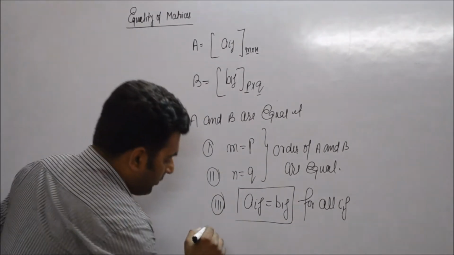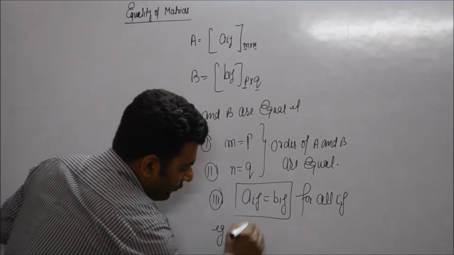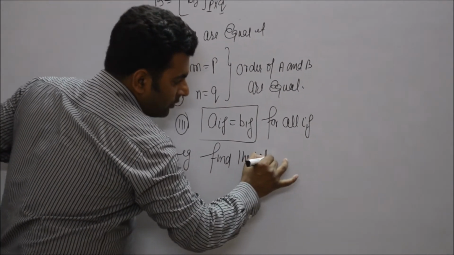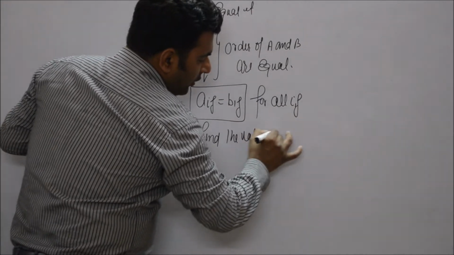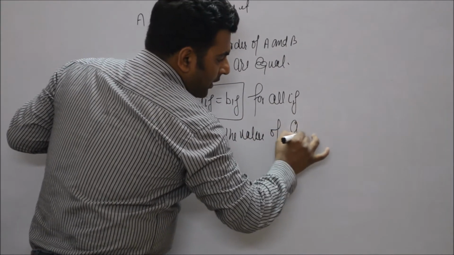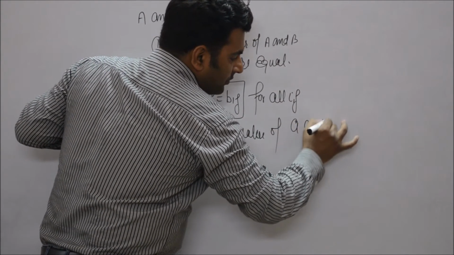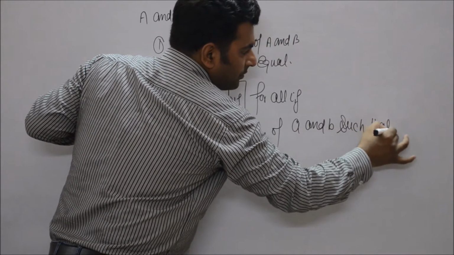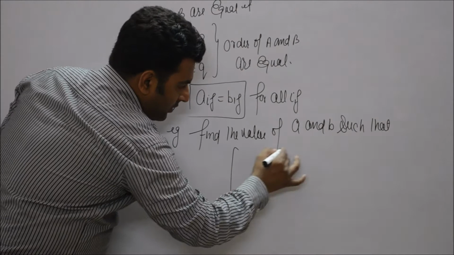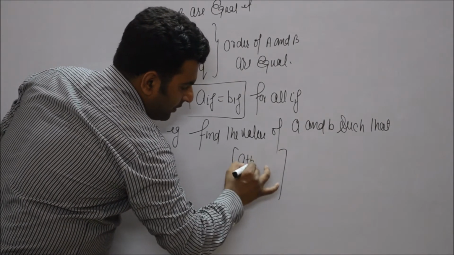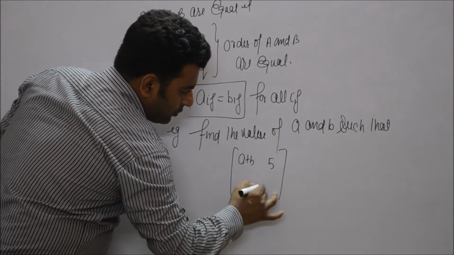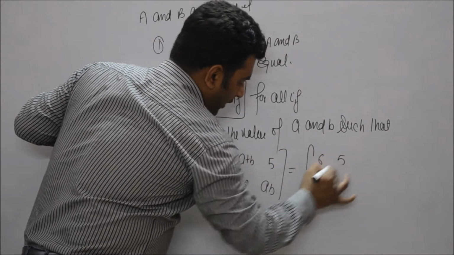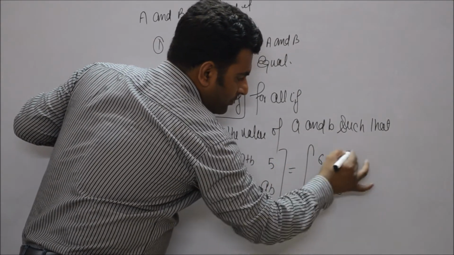I take one example. The question is, find the values of a and b such that the matrix with entries a plus b, 5, 2, ab equals the matrix with entries 6, 5, 2, 8.